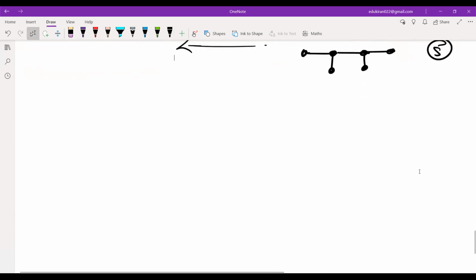So I hope you have written this. Then I will write number of alkanes here. And here I will write the number of isomers. So CH4, it has 0.